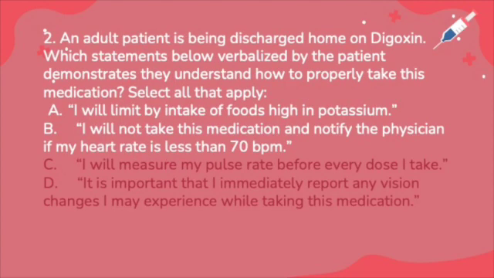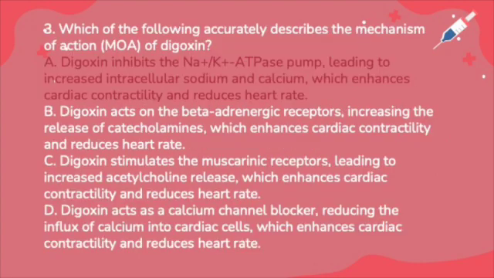Question number 2, an adult patient is being discharged home on digoxin. Which statement below verbalized by the patient demonstrates they understand how to properly take this medication? Question number 3, which of the following accurately describes the mechanism of action of digoxin?